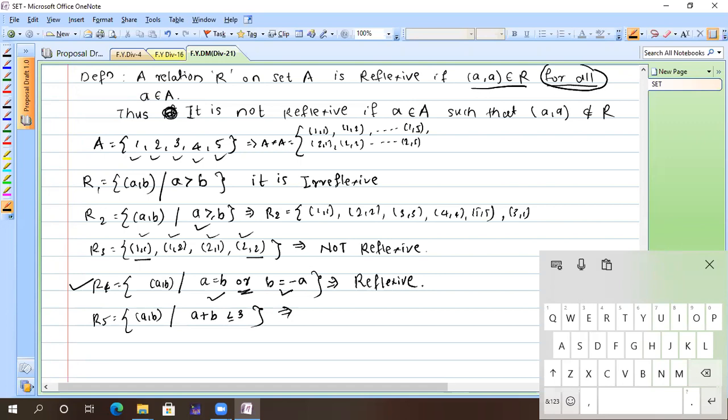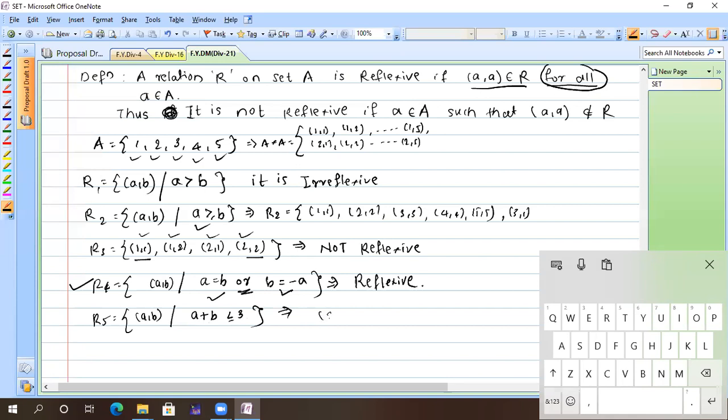No, sir. Why? Because 1 comma 1 will satisfy, 1 comma 2 will satisfy, but other than that it will not satisfy. 2 comma 2 is also not satisfied, because 2 plus 2 becomes 4, and 4 is not less than or equal to 3.